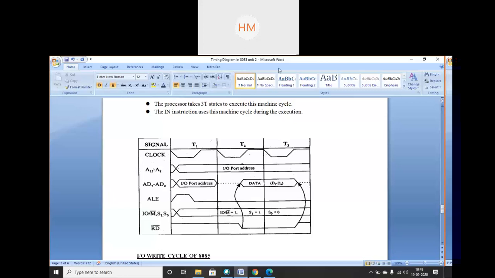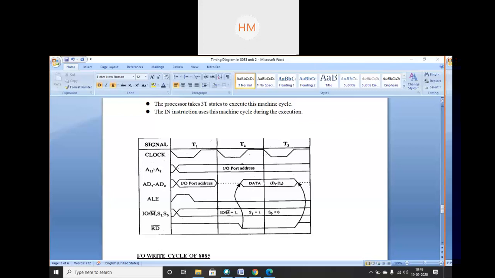Any query regarding this diagram? If you want to ask anything, I will wait. So, what is the basic difference between this cycle and your memory read cycle?